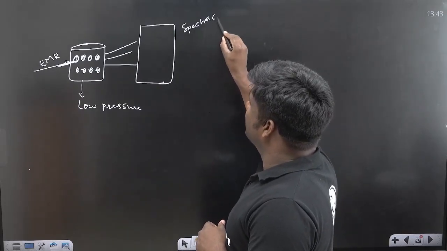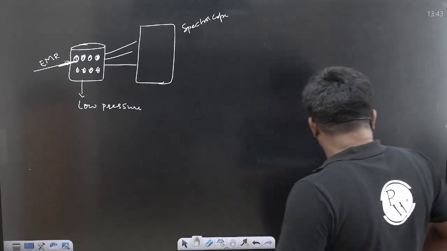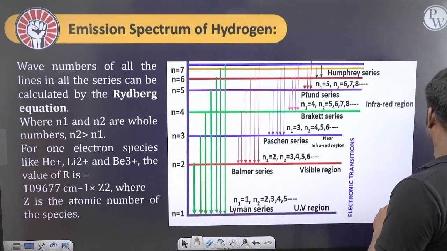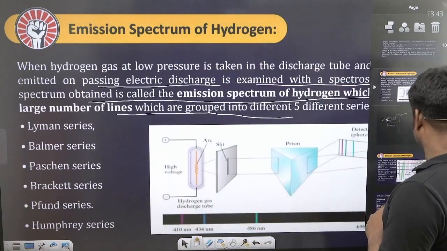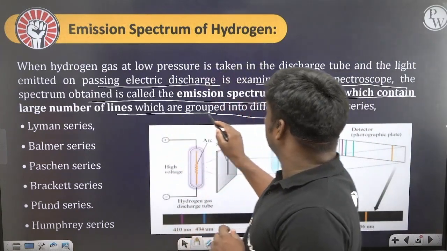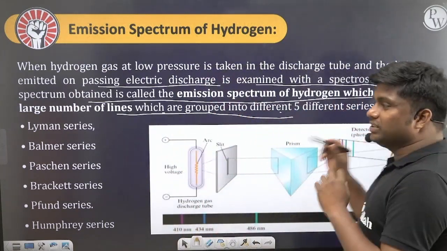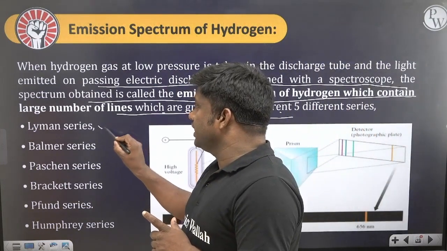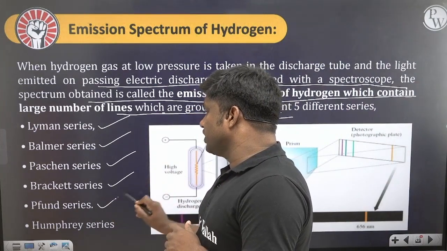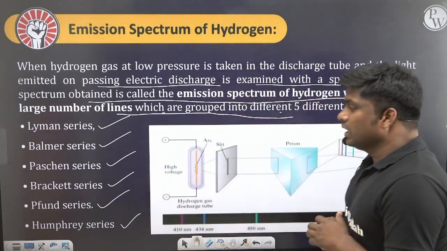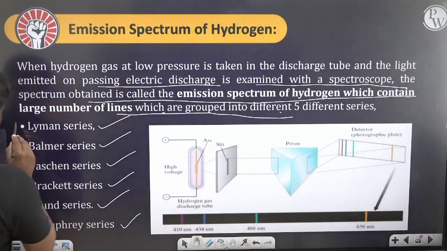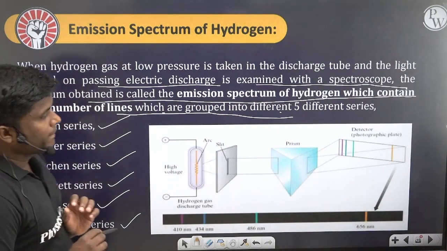So when they analyzed the remaining frequencies, they got lines which are grouped into 5 different series. One series is the Lyman series, Balmer series, Paschen series, Brackett series, Pfund series, and Humphreys series. But in the syllabus you will have only up to Lyman, Balmer, Paschen, Brackett, Pfund.